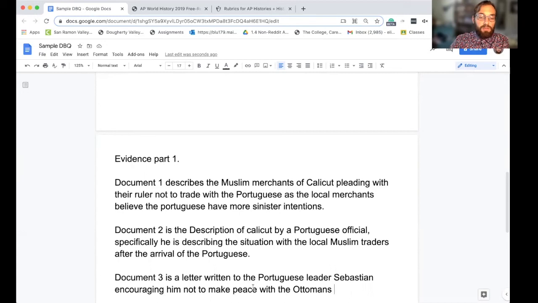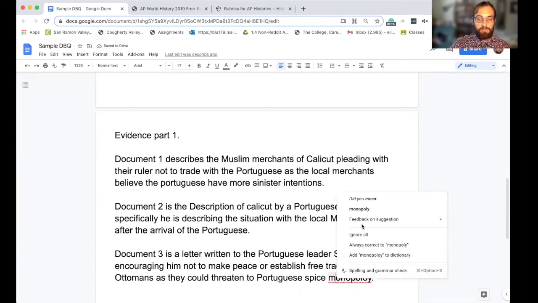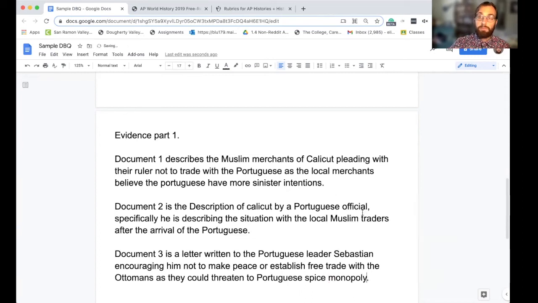So, not to make peace or establish free trade with the Ottomans, as they could threaten the Portuguese spice monopoly. Cool. Whoops, I misspelled monopoly. Cool. All right. There we go.